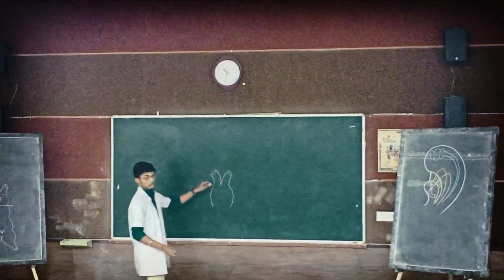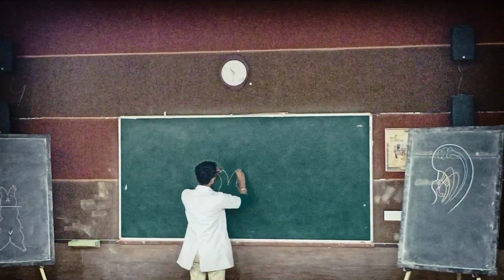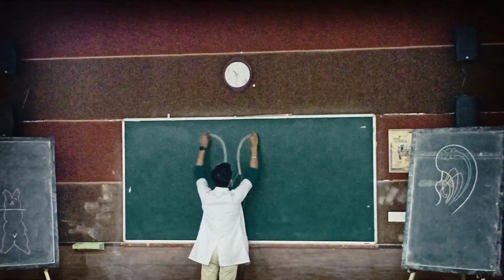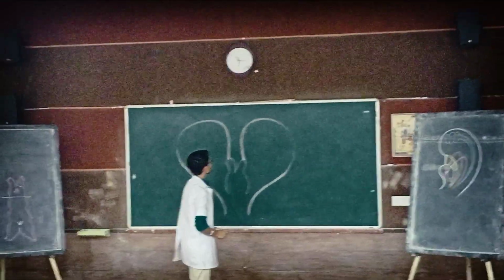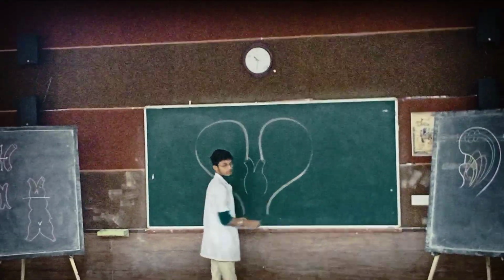This is our truncus arteriosus. These are the pair of dorsal aorta.